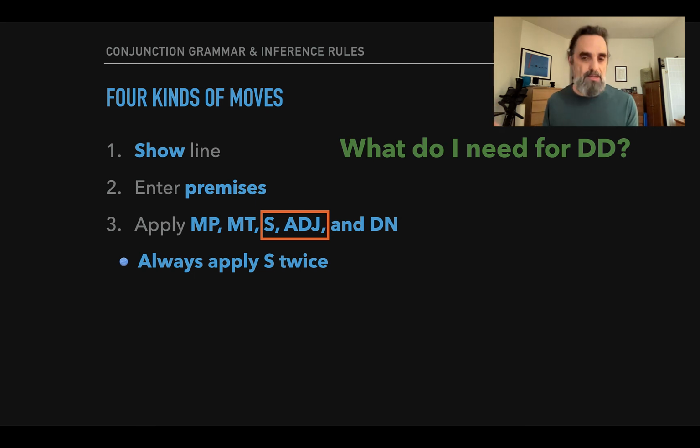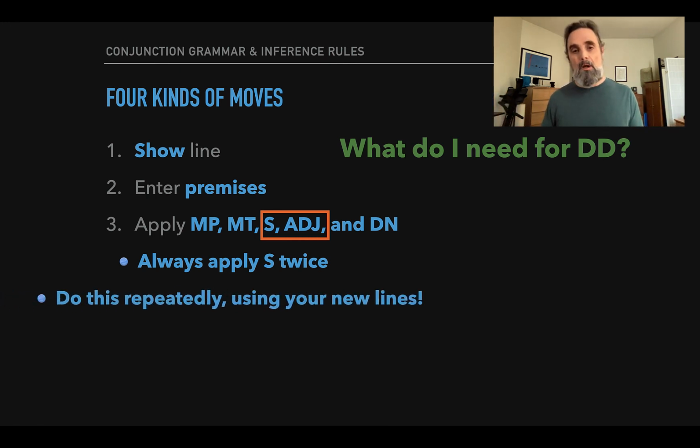If you know you're in that situation, fine, don't bother, but unless you know absolutely that you only need to apply S once, just automatically apply it twice to give you both of the conjuncts, because you might very well need to use both of them on their own. So always apply S twice.